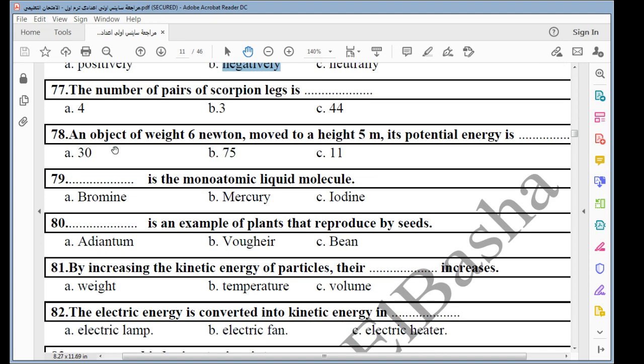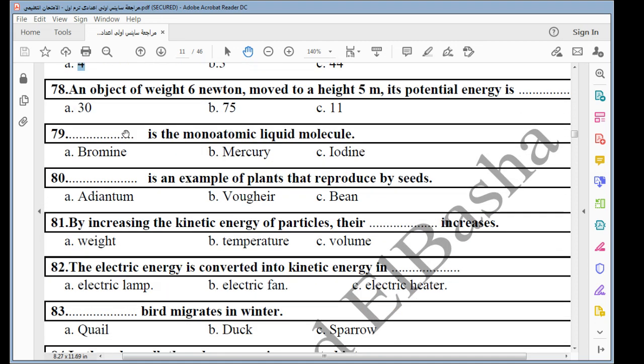The number of pairs of scorpion legs is 4. An object of weight 6 Newton moved to height 5 meter. Its potential energy is 30.